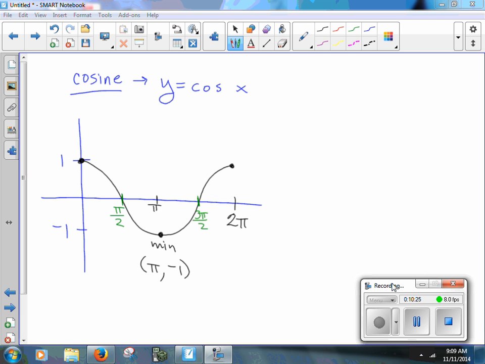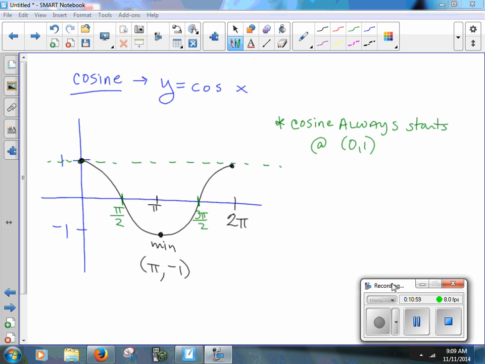Where does cosine start? Cosine always starts at 0, 1, doesn't it? And where does it end? It ends at the same level it started, didn't it? Do you see that? You don't have to draw that in, but do you see how they both start and end at the same height?